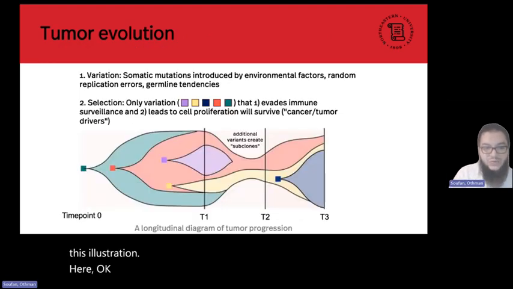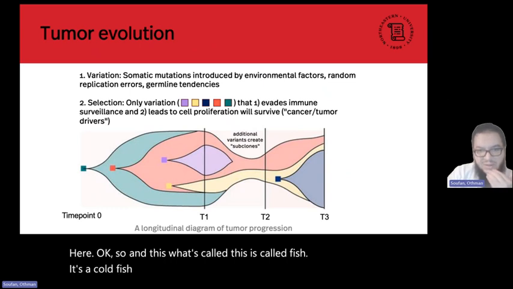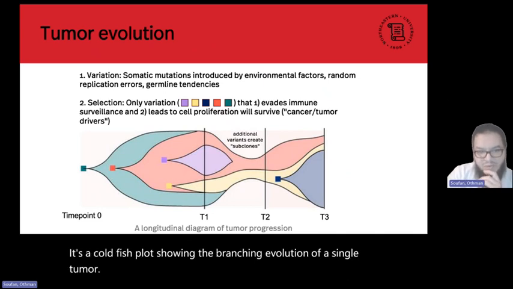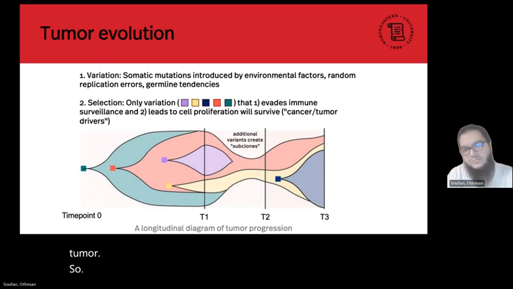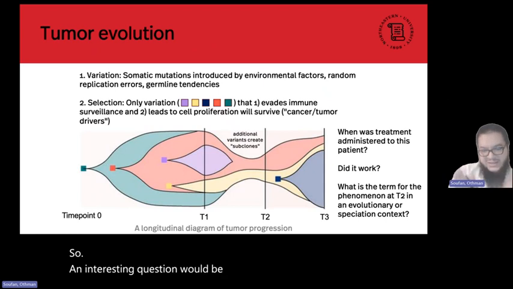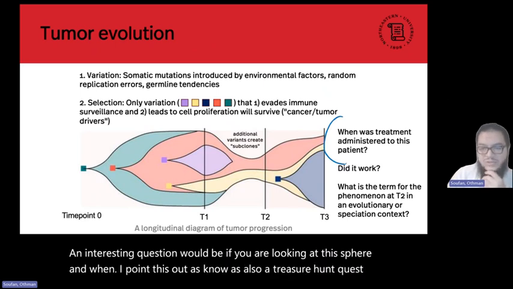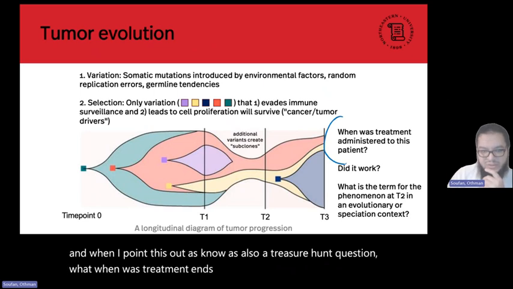Okay, this is called a fish plot, showing the branching evolution of a single tumor. An interesting question would be, if you are looking at this, and I point this out as also a treasure hunt question, when was treatment administered to this patient?